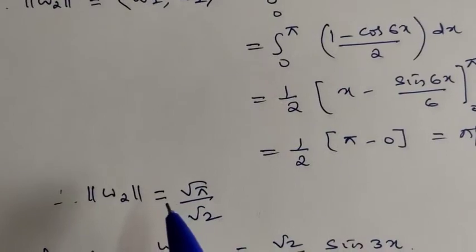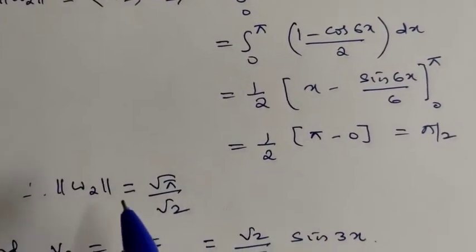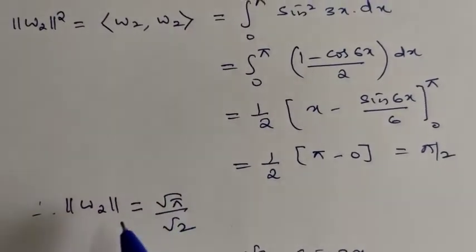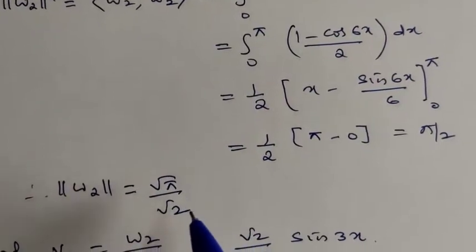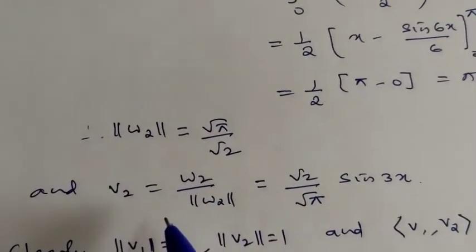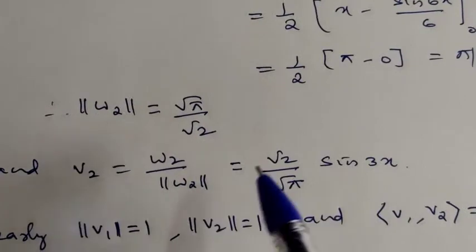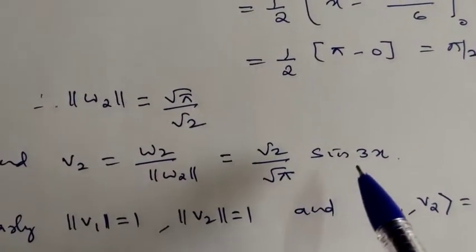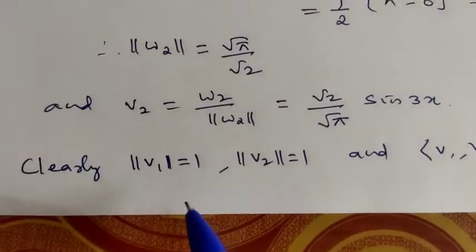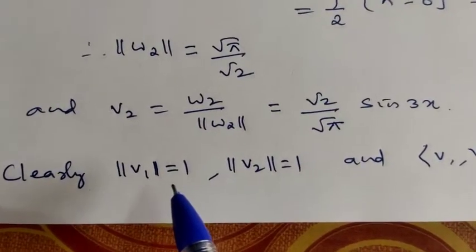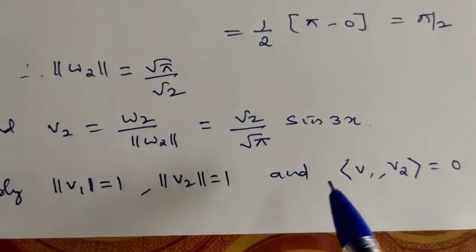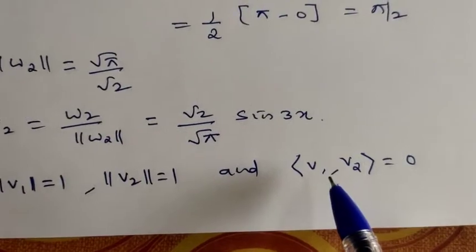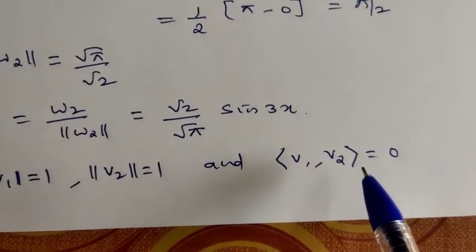Therefore the norm of W2 whole square is pi by 2, so the norm of W2 is root pi by root 2. And V2 is W2 by the norm of W2, which equals root 2 by root pi into sin 3x. Clearly we can see that the norm of V1 is 1, the norm of V2 is 1, and we can also find that the inner product of V1 comma V2 is 0.